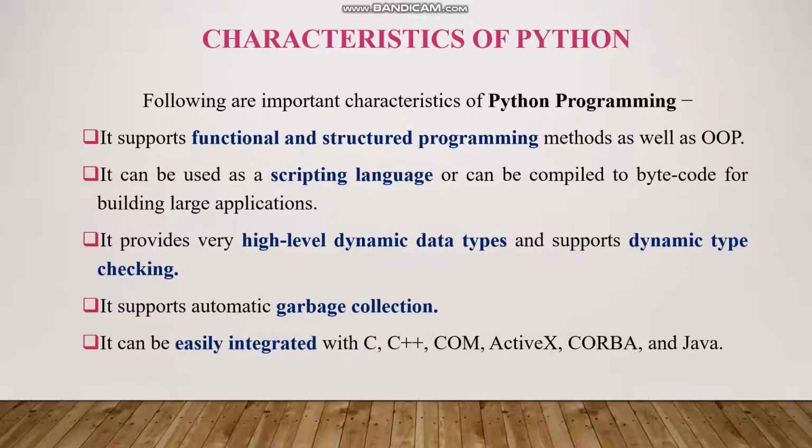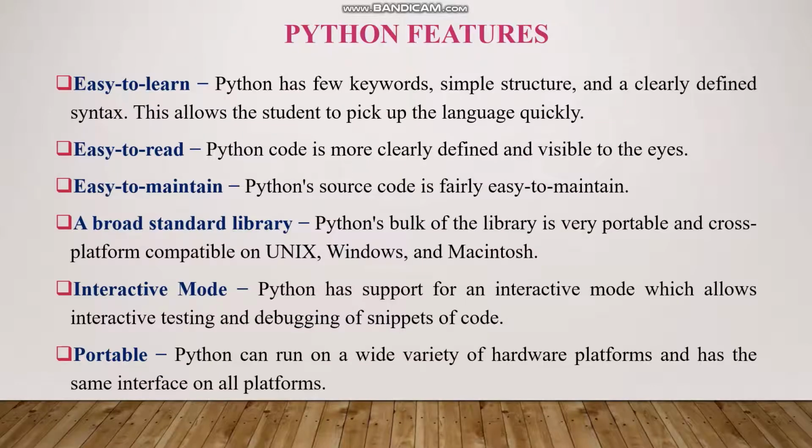It supports functional and structured programming methods as well as OOP. It can be used as a scripting language or can be compiled to bytecode for building large applications. It provides very high-level dynamic data types and supports dynamic type checking. It supports automatic garbage collection. It can be easily integrated with C, C++, COM, ActiveX, CORBA, and Java.